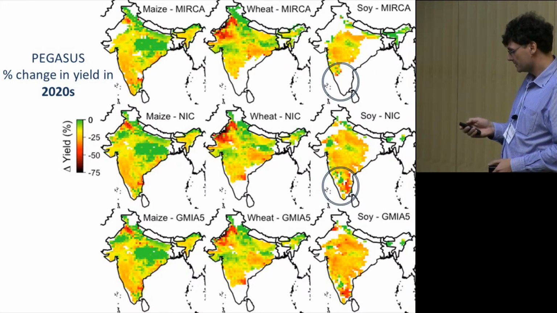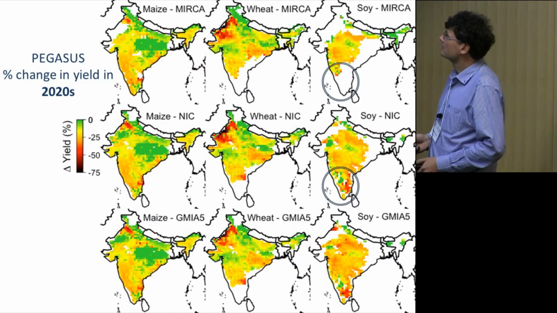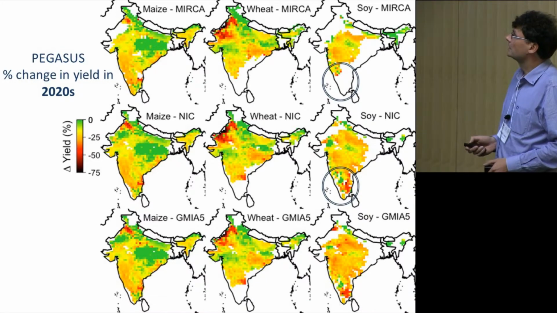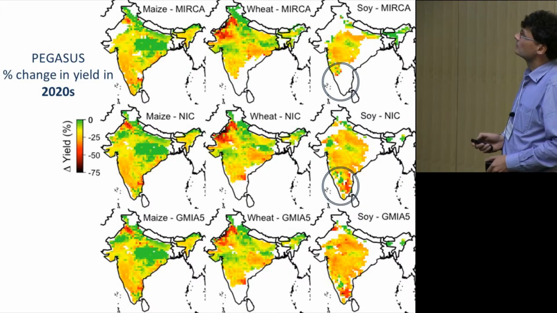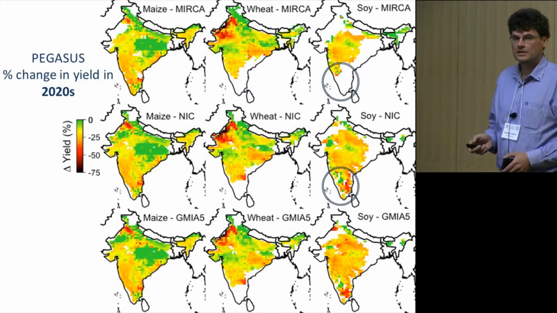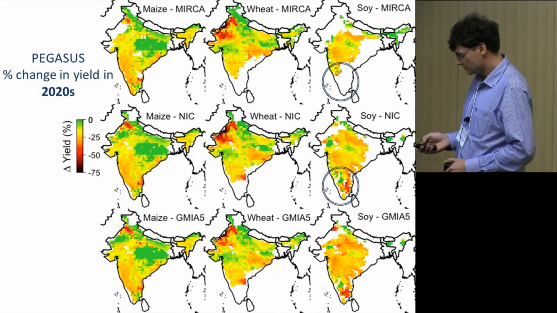And as we can see, there are some differences, in particular for soybean, mainly in the marginal cropping areas for this crop. But more or less, the pattern is quite consistent. Here there are some differences for maize, but for us it was quite surprising that the difference was not larger.